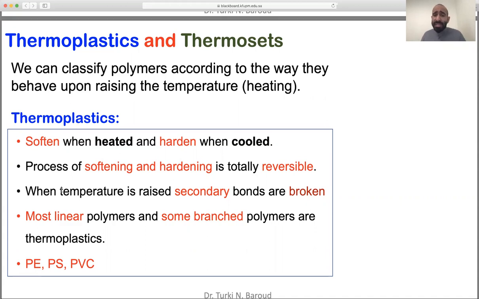So when temperature is raised, what's going to happen? The secondary bonds are broken. If you remember the linear polymer and the branched polymer, the connection between the chains is actually a secondary type of bonding. So if you heat them, you're going to break these bonds, which makes them softer. So most of the linear and some branched polymers are actually thermoplastic.